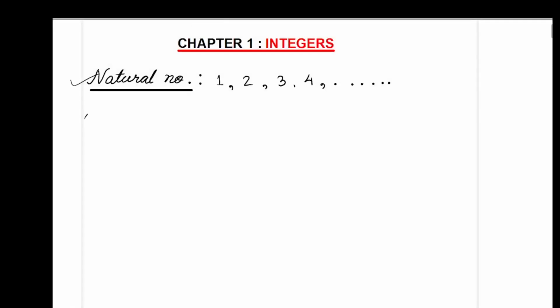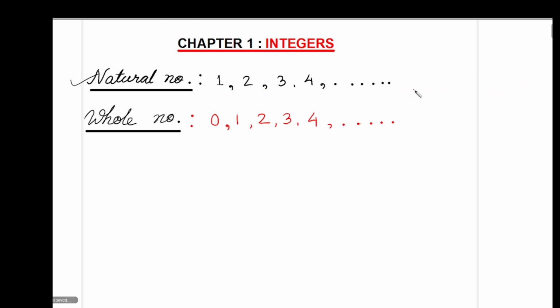Next, whole number. What is a whole number? Whole numbers include 0 and all the natural numbers. In natural numbers, 1, 2, 3, 4 and so on, it is infinite.